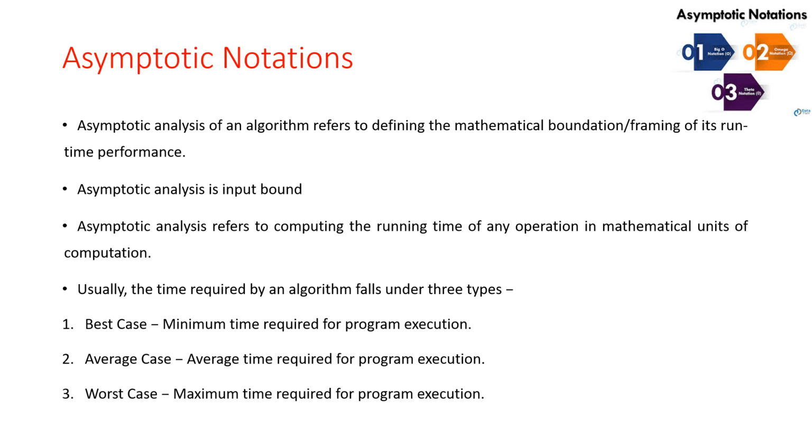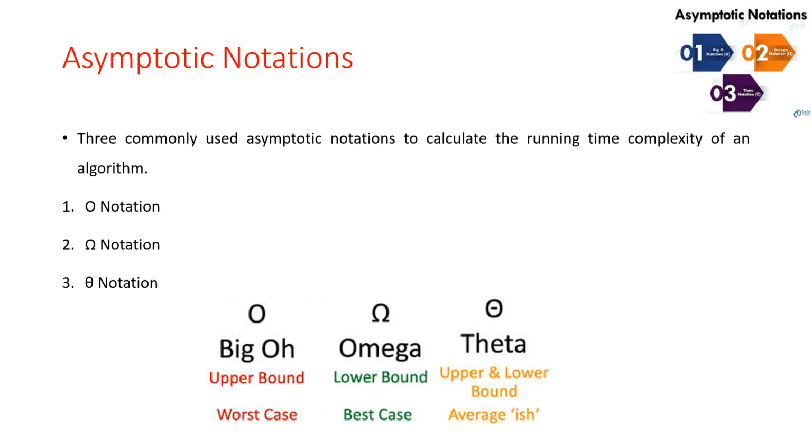So what asymptotic notations are used? There are three commonly used asymptotic notations to calculate the running time complexity of an algorithm. First is the Big O notation, second is the Omega notation, and third is the Theta notation.